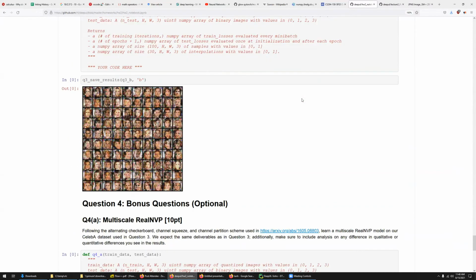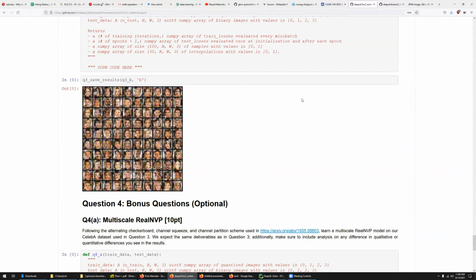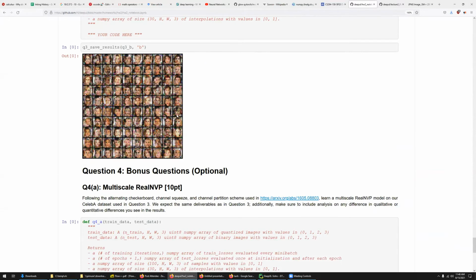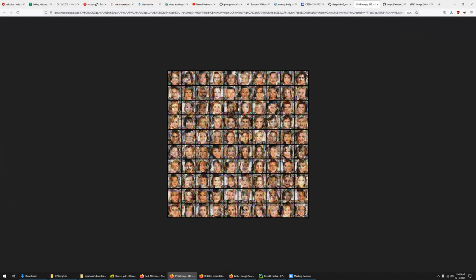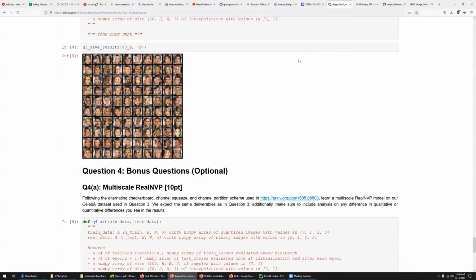And then they have another one where you try and make bad masking schemes. So instead of checkerboard or by channel, you actually do it by regions, I believe, or maybe this is not the regions one.